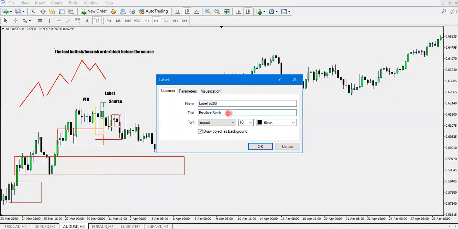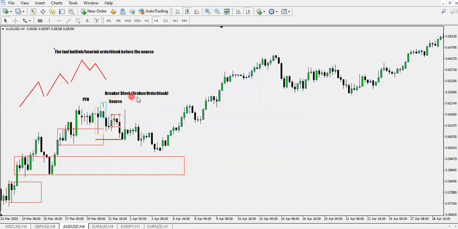So basically a breaker block is a broken order block, and now that has turned yellow, signifying to us that that is our breaker of institutional order flow.